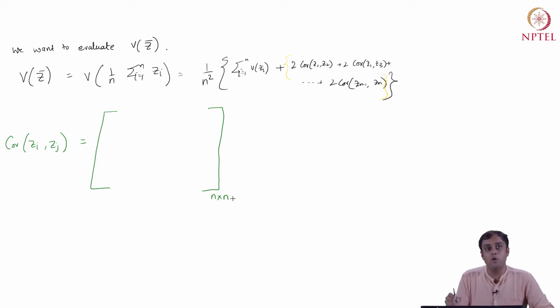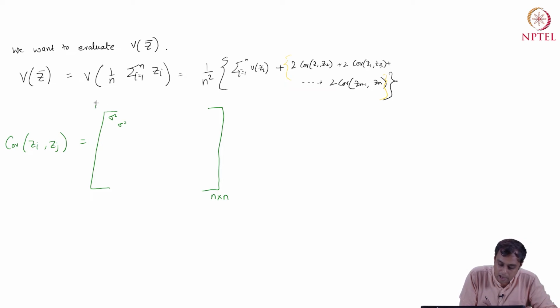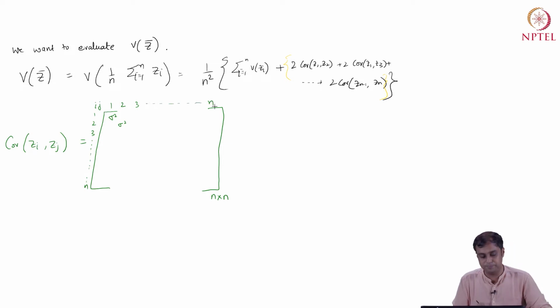So I have n rows and n columns. The diagonal elements are going to be sigma squared. Each row represents i's, which is 1, 2, 3, all the way till n, and each column is represented by j's, which is 1, 2, 3, all the way till n.